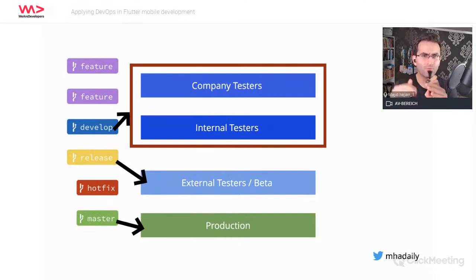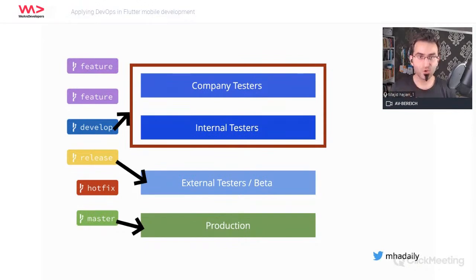You can even go into further detail, like shipping one specific feature branch to one specific group, but usually that's not the way we want to test. Maybe we just merge it to develop, and our internal testers work with that. Once you create a release branch, it's the branch nominated for becoming the production-ready app.